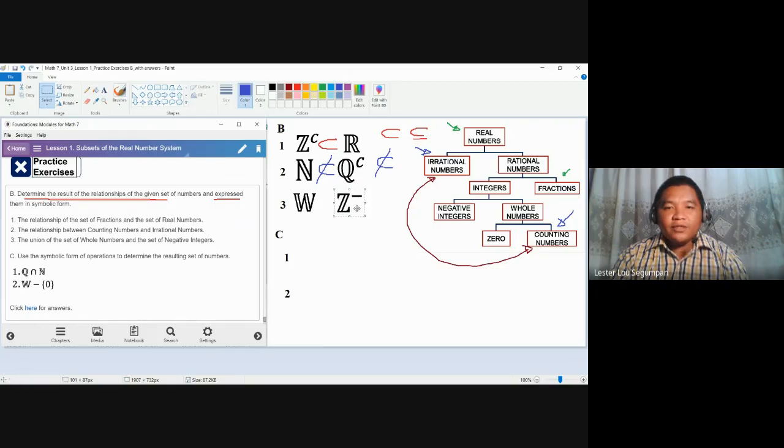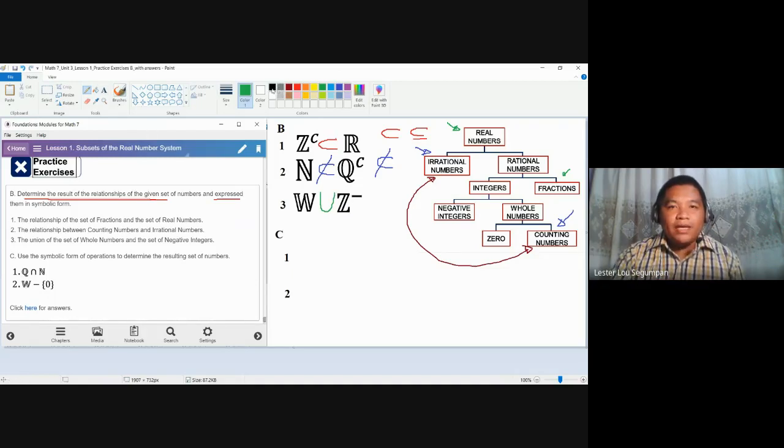In the operations of sets, we use the notation of cup. This is still not the answer, because this is what the operation of union looks like.